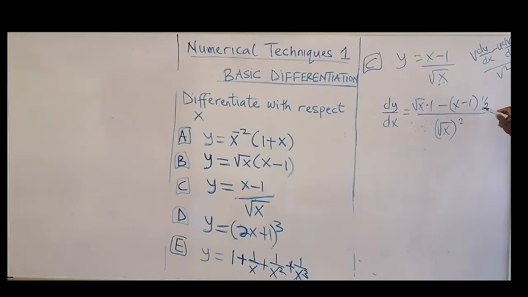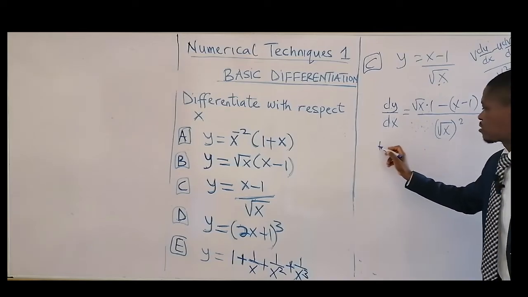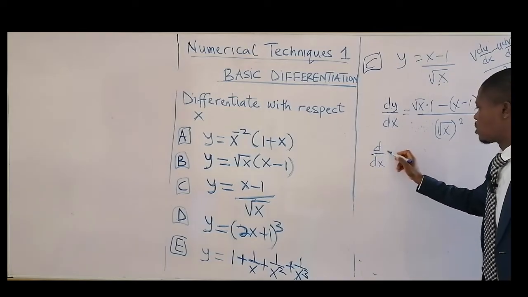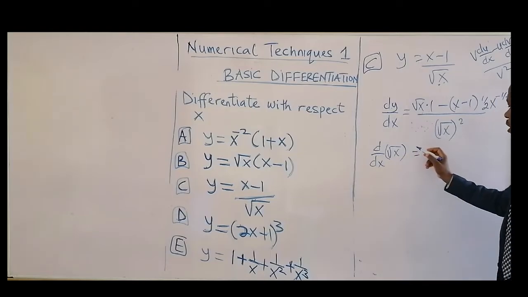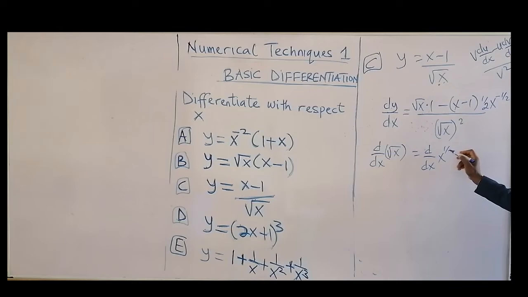What is the derivative of the denominator? If you differentiate root x, that's d/dx of x to the power half, which is half x to the power half minus 1, that's minus half. So you have half times 1 over root x.